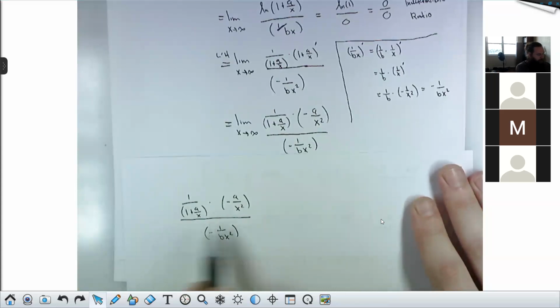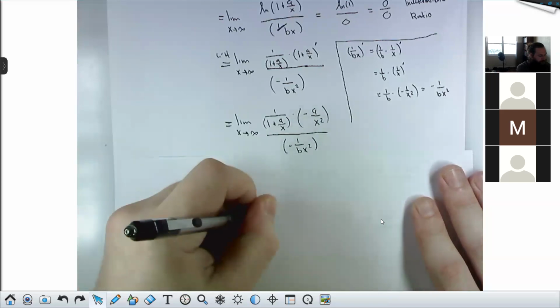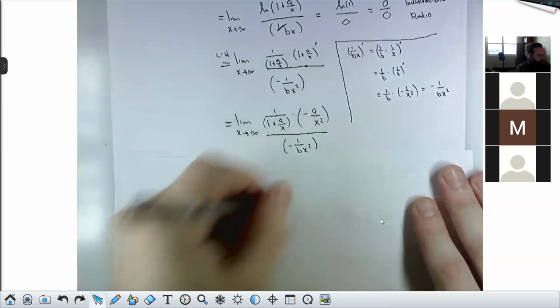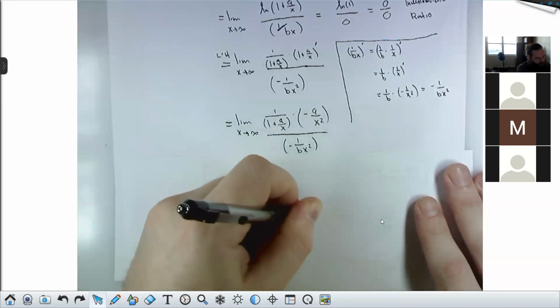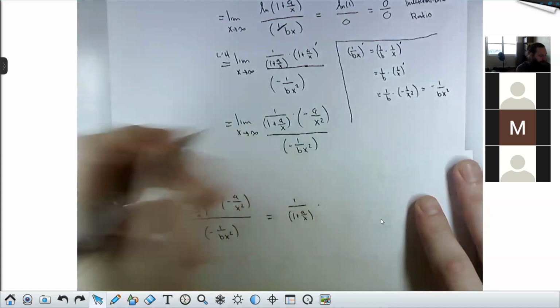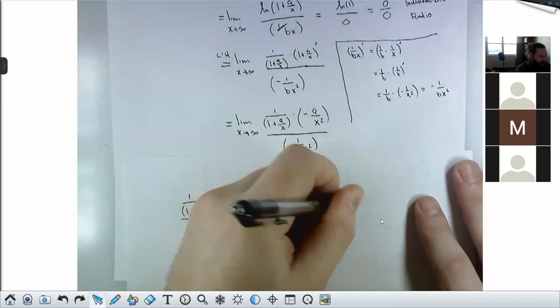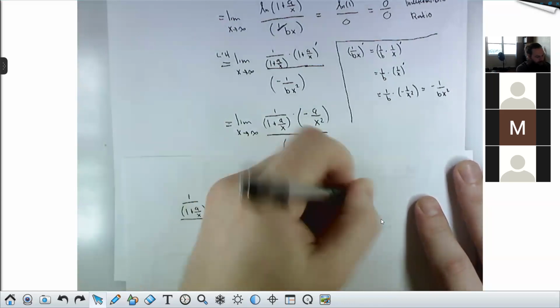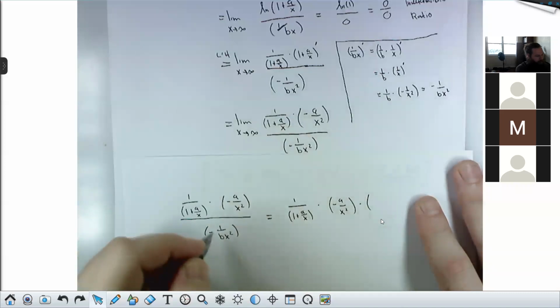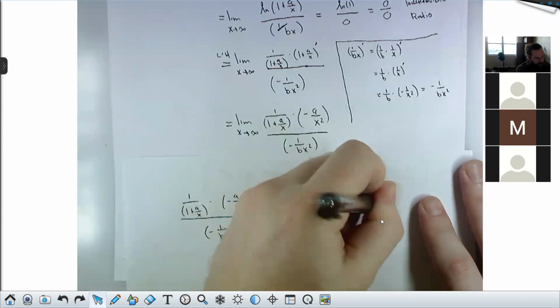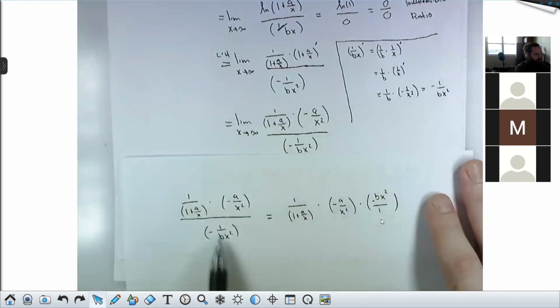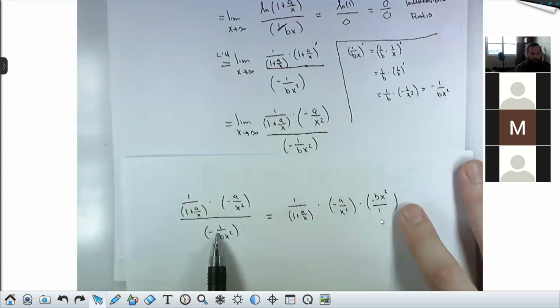I want to divide this whole numerator by this fraction, right? So how do you divide by a fraction? You flip and multiply. So this is 1 over 1 plus a over x times negative a over x squared times negative bx squared over 1. All right, so this guy comes upstairs, flip and multiply.